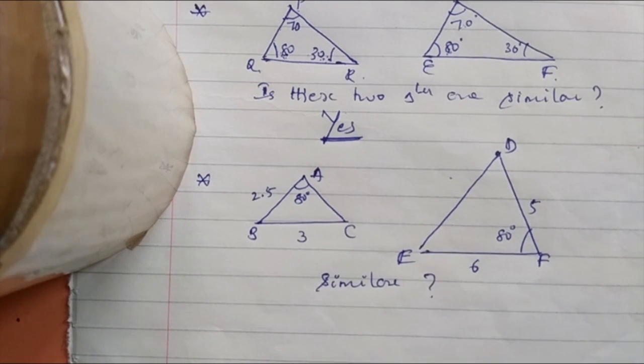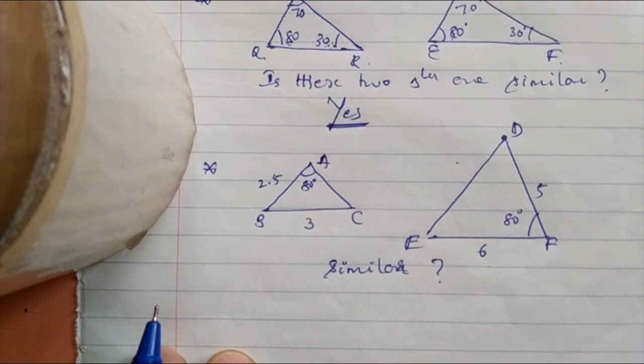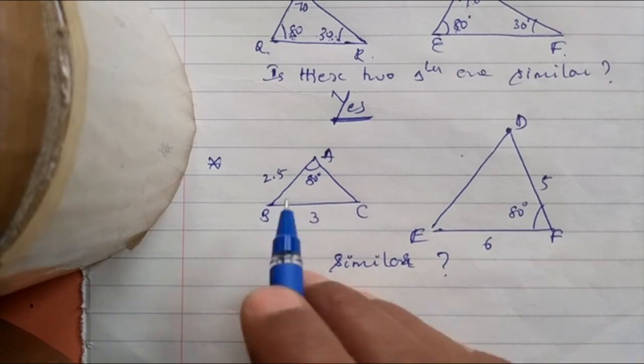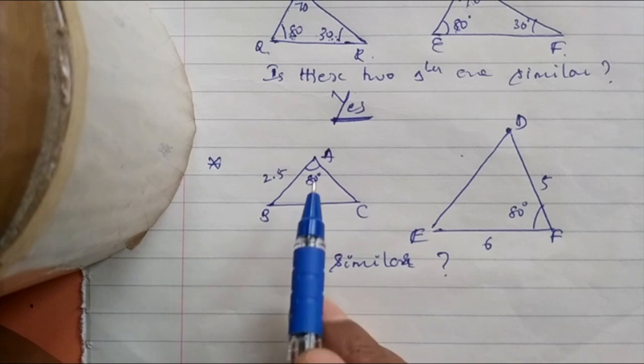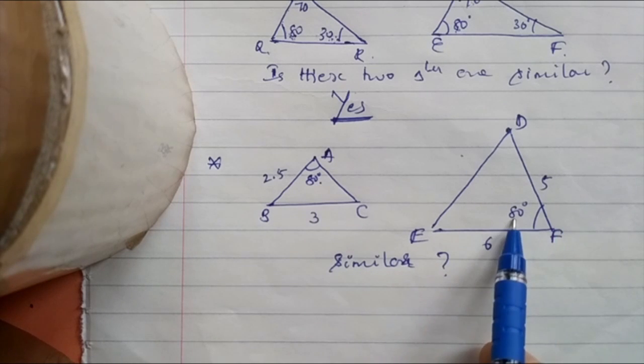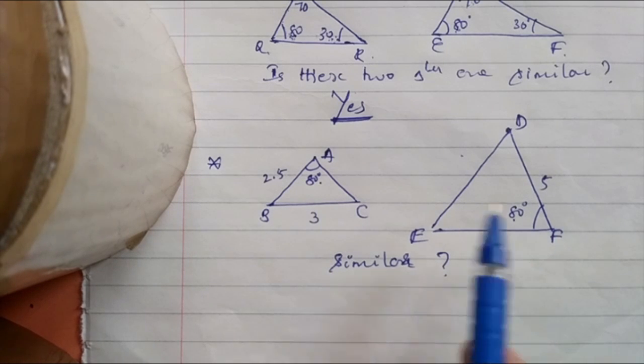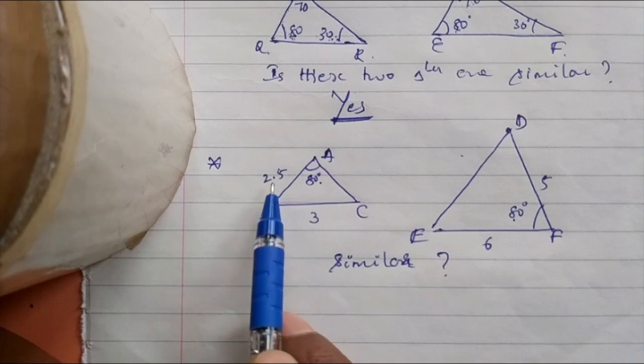These two triangles, similar or not? That is the task for you. Again, let us study whether these two triangles are similar or not. Look at here 80 degrees, yes here 80 degrees. One pair of angles is equal from both triangles.